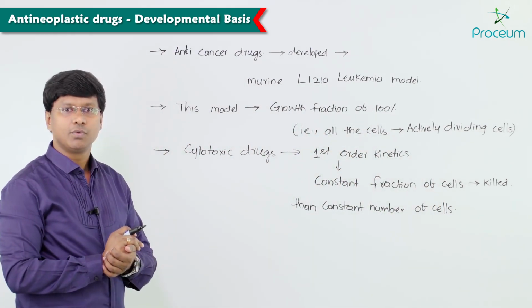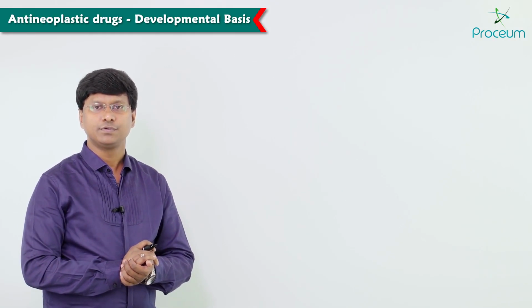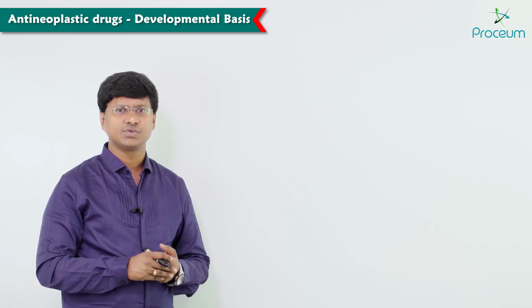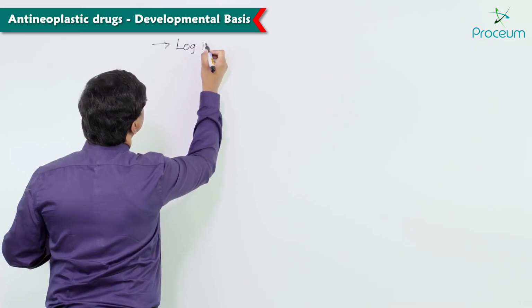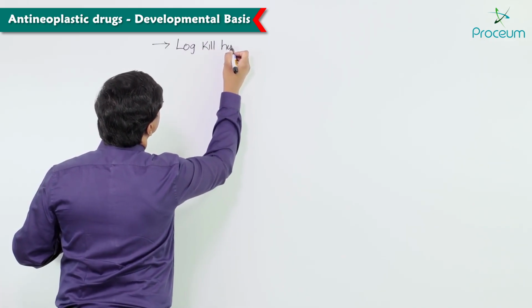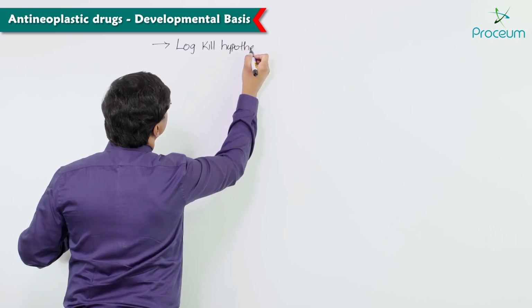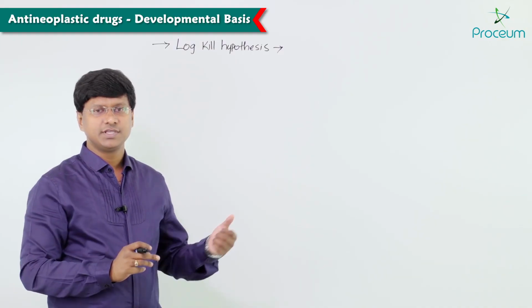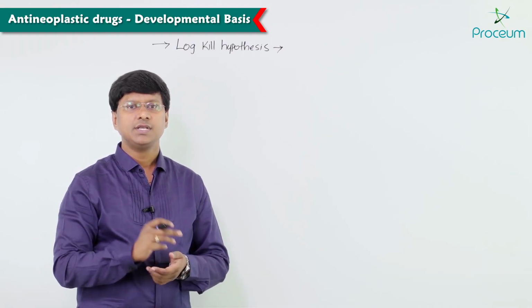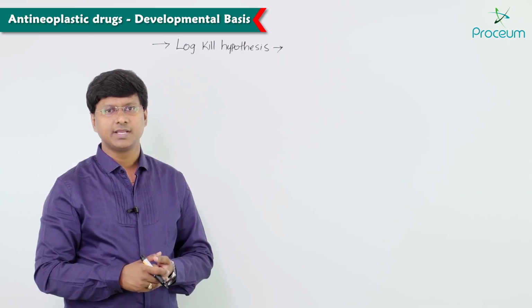Now I'll tell you with an example. The antineoplastic drugs follow first order kinetics, where they kill a constant fraction of cells rather than a constant number of cells. They follow a hypothesis called the log-kill hypothesis.